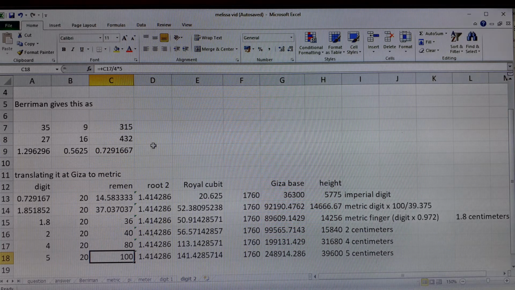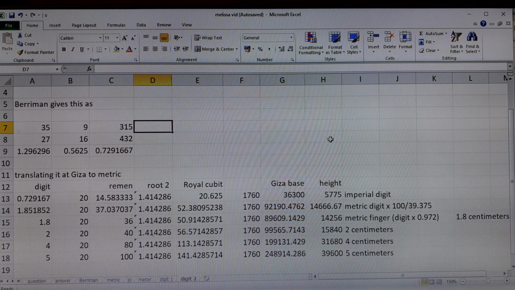Now we can extend this to this line here by putting this row of figures in. So we can do it fractionally, which is what we need to do.